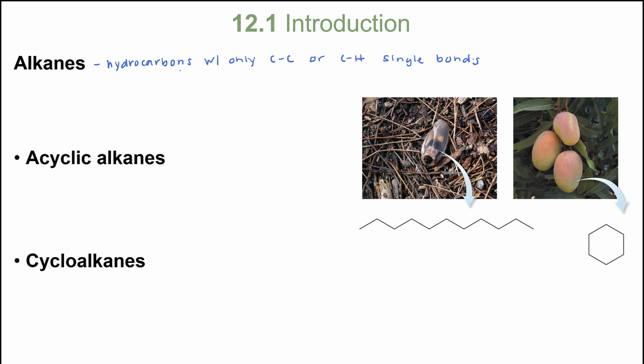These can also be referred to as saturated alkanes or saturated hydrocarbons. Acyclic alkanes are compounds with chains of carbon atoms but no rings.